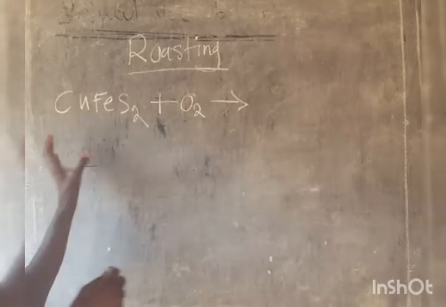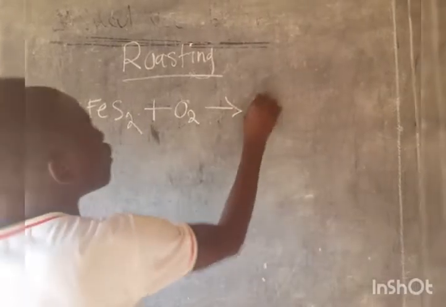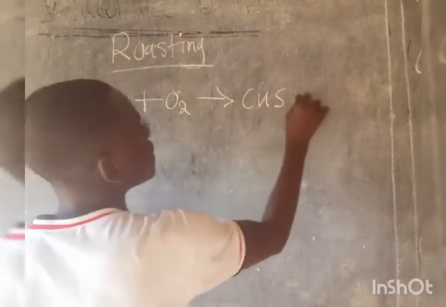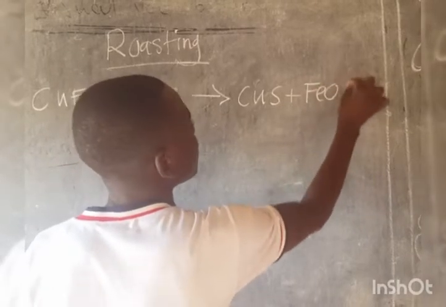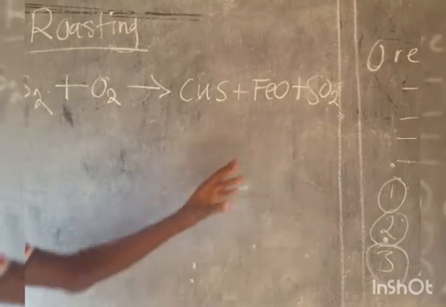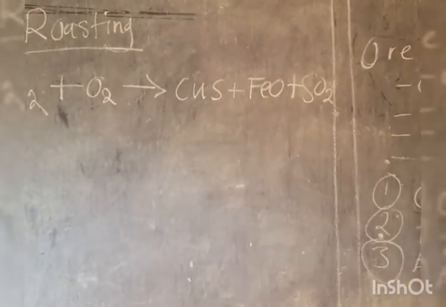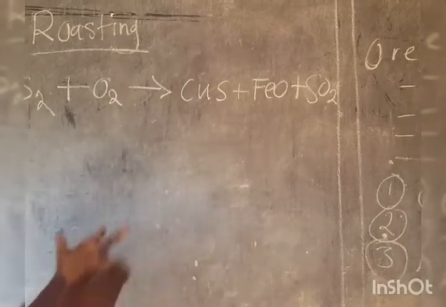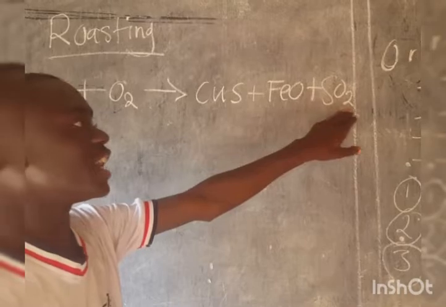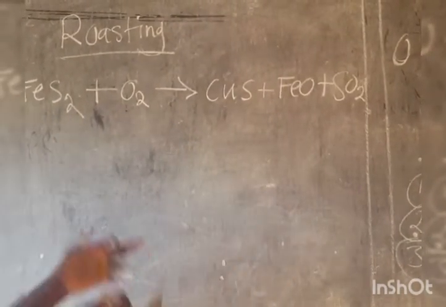When it reacts with oxygen, it forms what we call copper sulfide plus iron oxide and sulfur dioxide. To get rid of this sulfur dioxide, it is transported, or it is used in the manufacturing of sulfuric acid. This gas is very harmful in that it causes suffocation and lung problems.